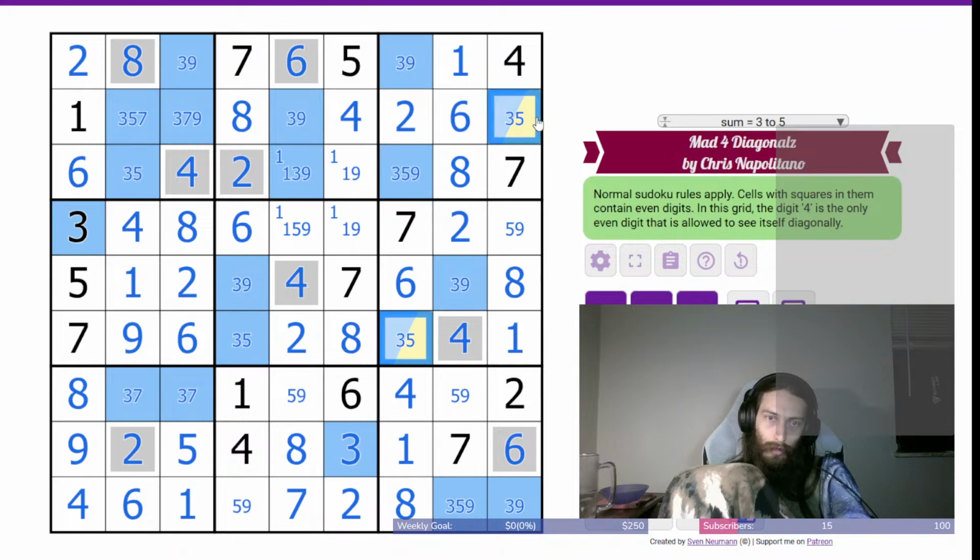If this is 3, then that's 3. That would be 3, that would be 3, that would be 3, that would be 3. If the other was 3, then we get there.